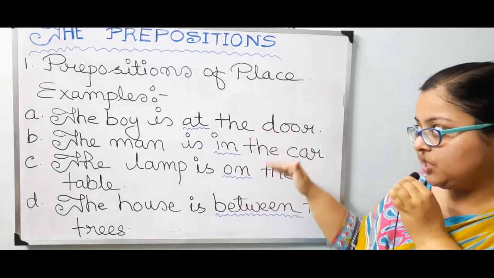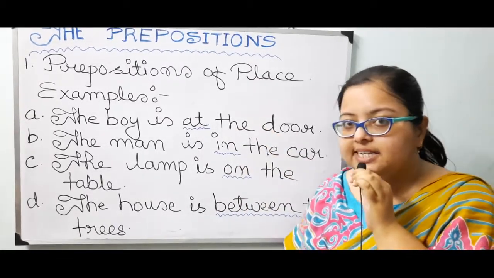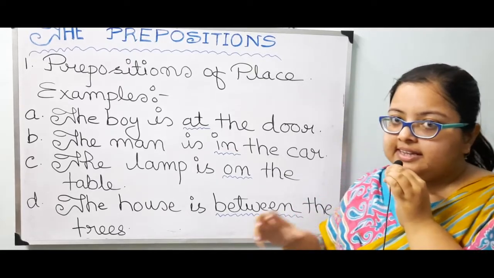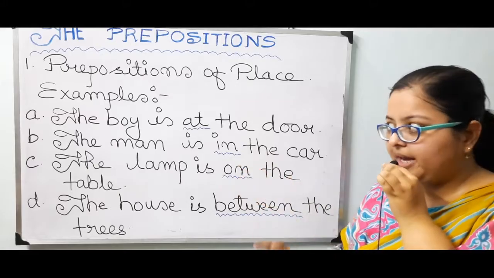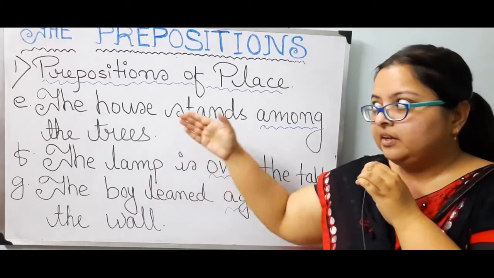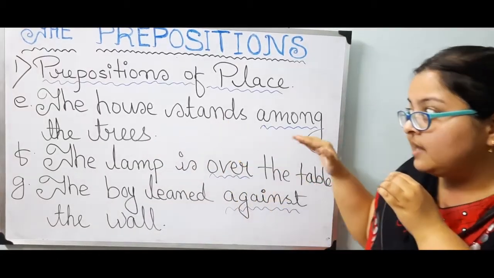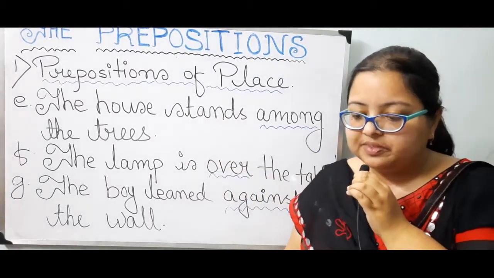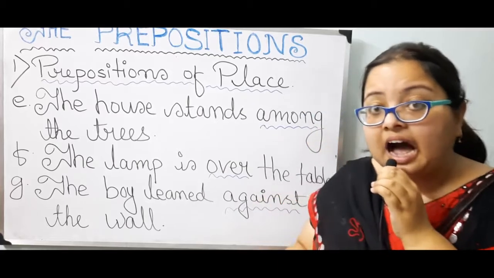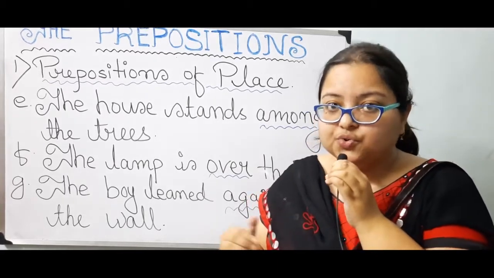These prepositions are basically indicating the relationship with place. Or number E, the house stands among the trees. Now, students, I have told you one sentence. The house is between the trees.